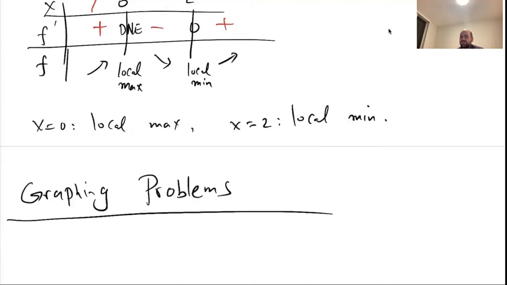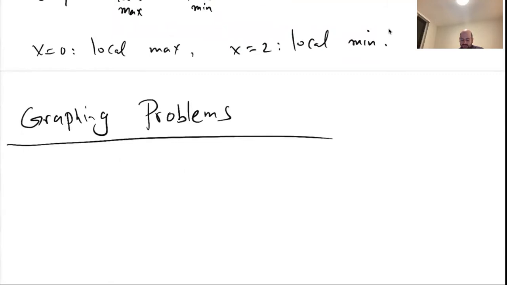We could be asked to graph different types of functions, such as rational functions or root functions, logarithmic functions, exponential functions, trigonometric functions. So the algorithm or the recipe for sketching all these types of functions is more or less the same, but you have to do lots of practice in order to get used to how to sketch the graph of a function.